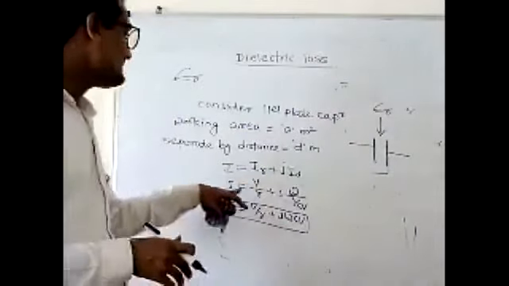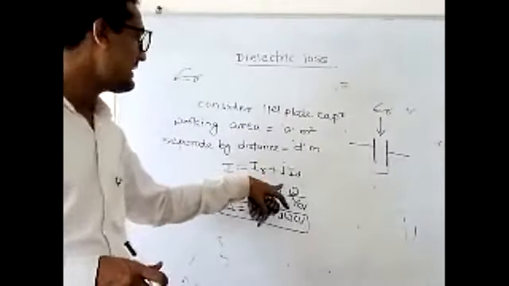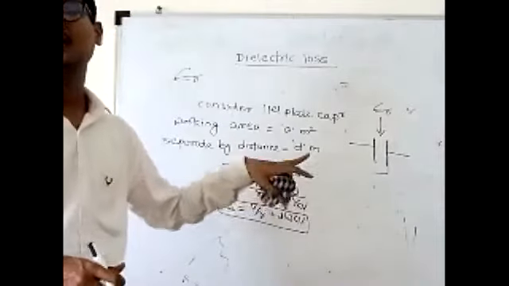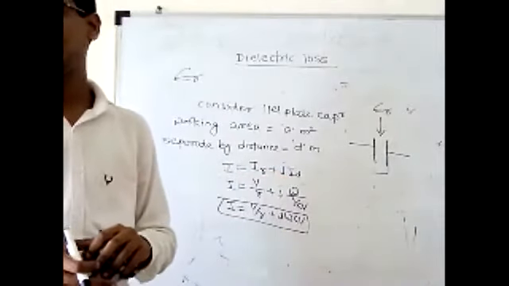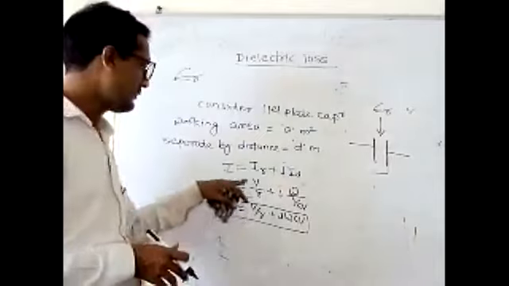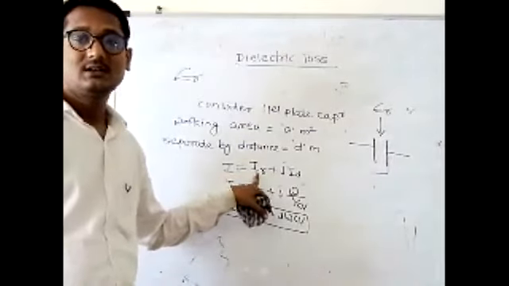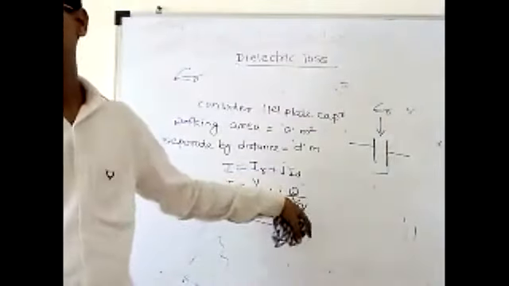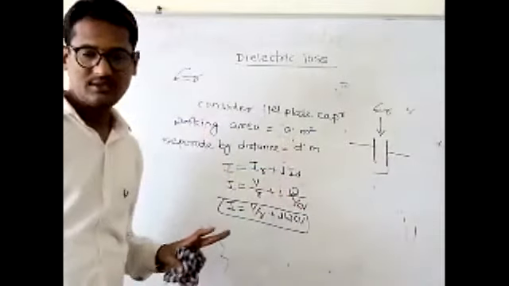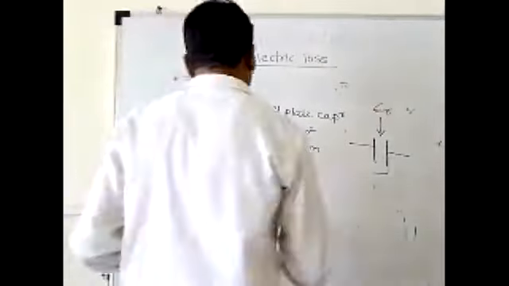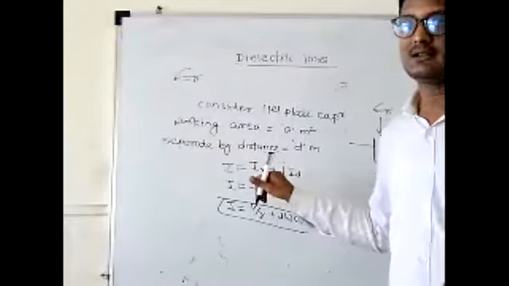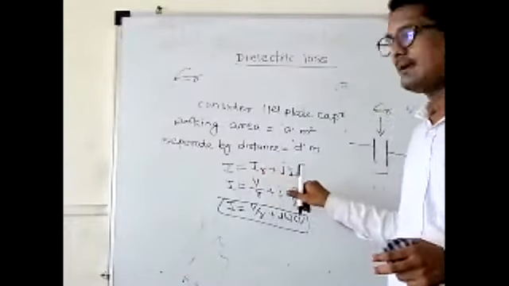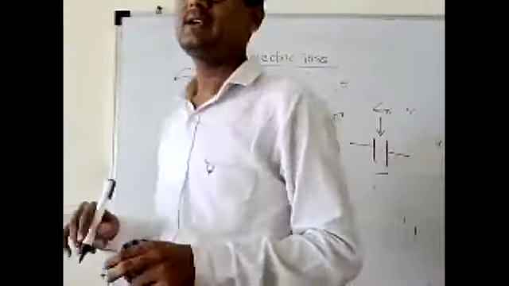Then what is IR and what is ID? What is the meaning of IR and ID?